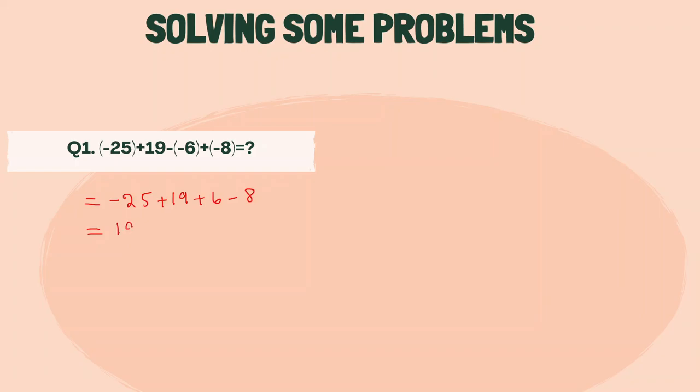So 19 plus 6, and negative numbers on the other side together. So 19 plus 6 it will be 25, minus will be minus, we will take minus common, and within bracket 25 plus 8, as I have taken minus common this will become plus.